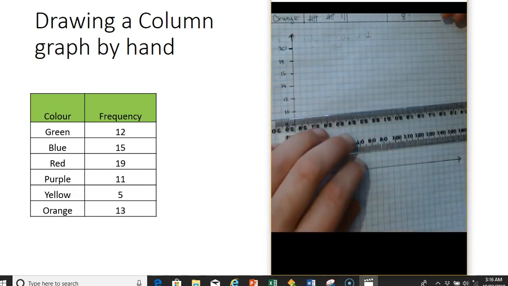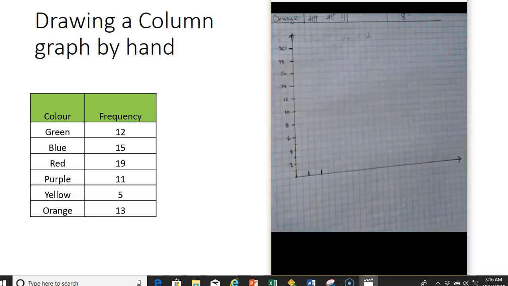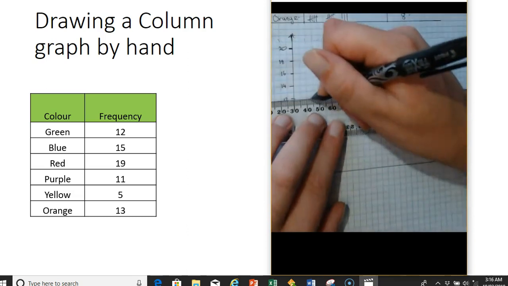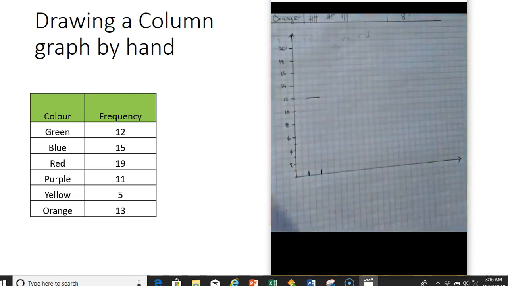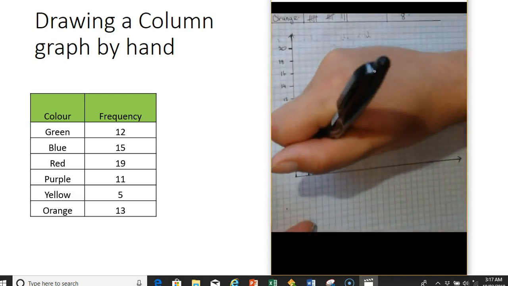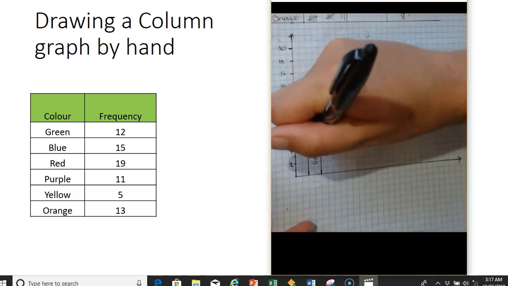We're measuring up to the first value, which is 12. And that corresponds to green. We label the column.